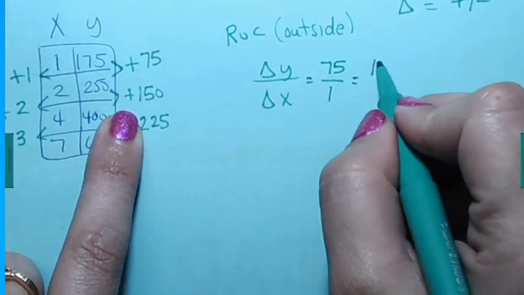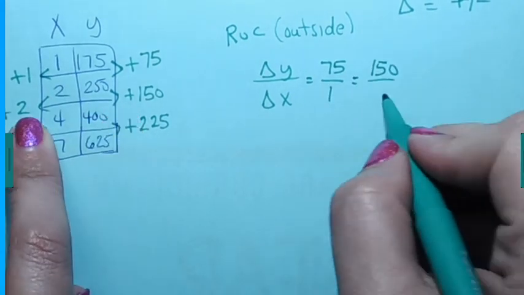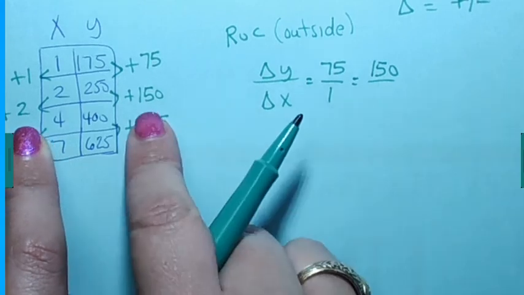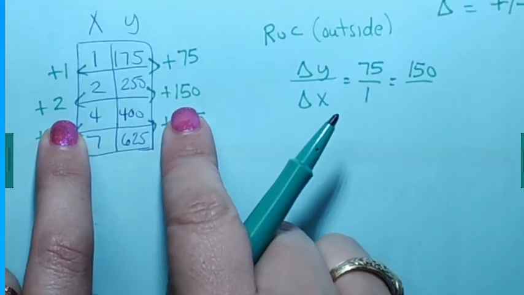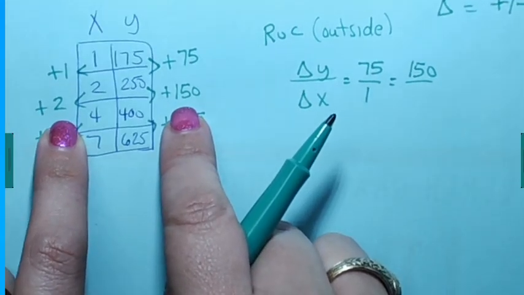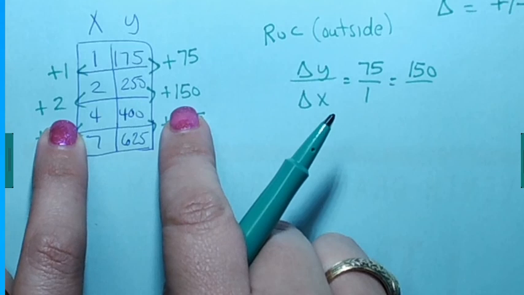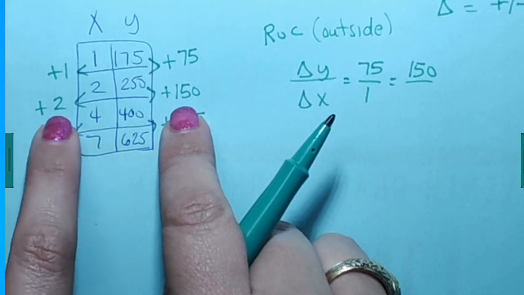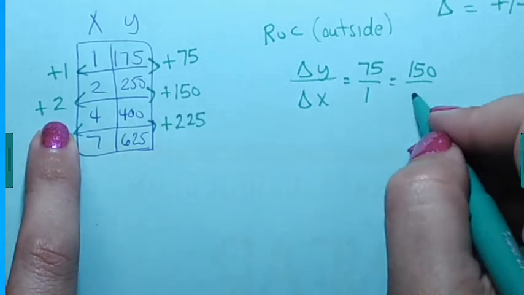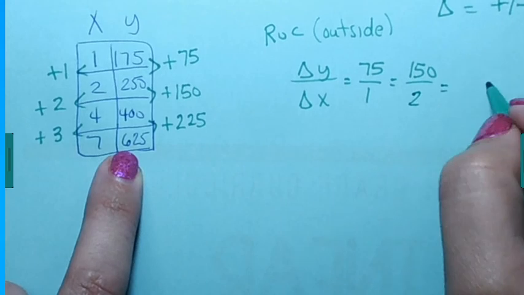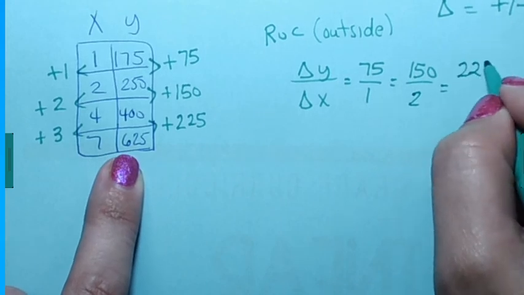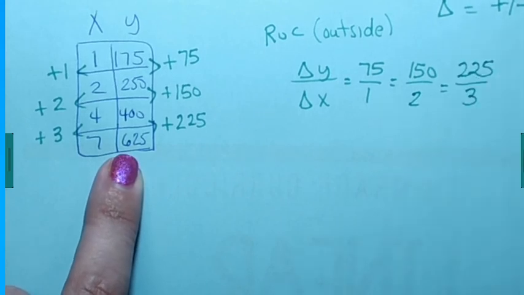The next one is 150 over... 150 goes over what? What's my outside number over here? 2. 150 goes over 2? Yep. And then finally 225 goes over 3.